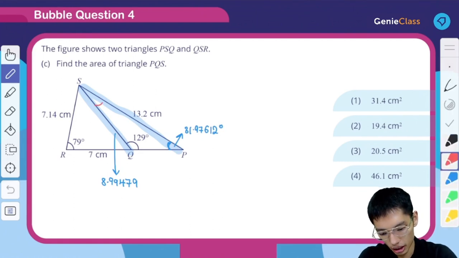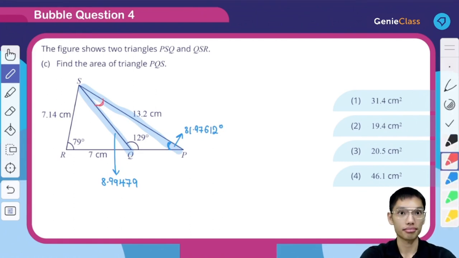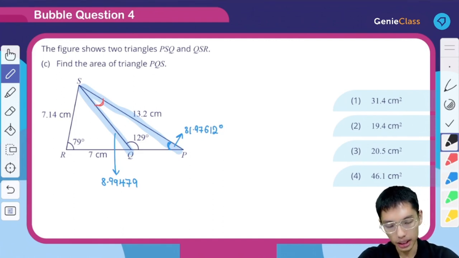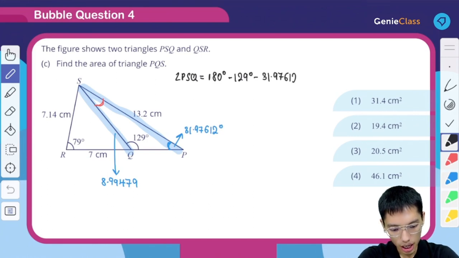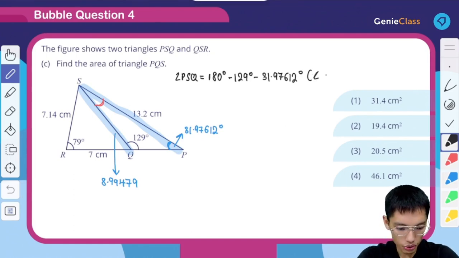The sides include my angle. So what happens is this. Therefore, I will need to do this. PSQ is equals to 180 minus 129 minus 31.97612, because that's the included angle. Okay, for this, remember to write your property, angle sum of triangles.